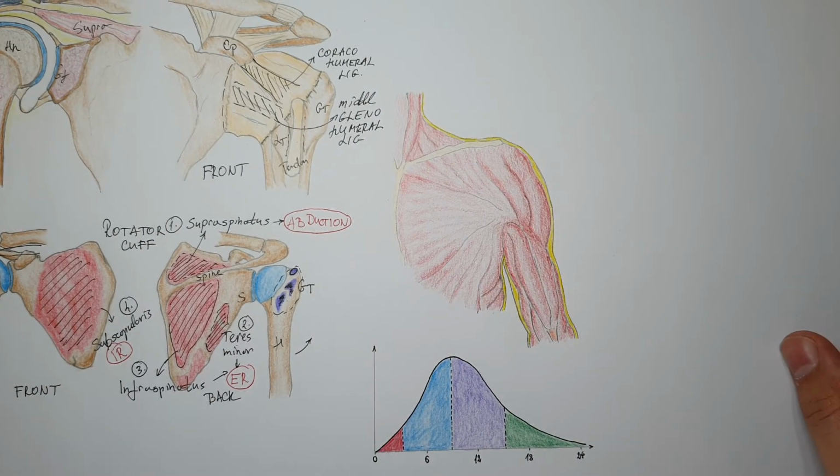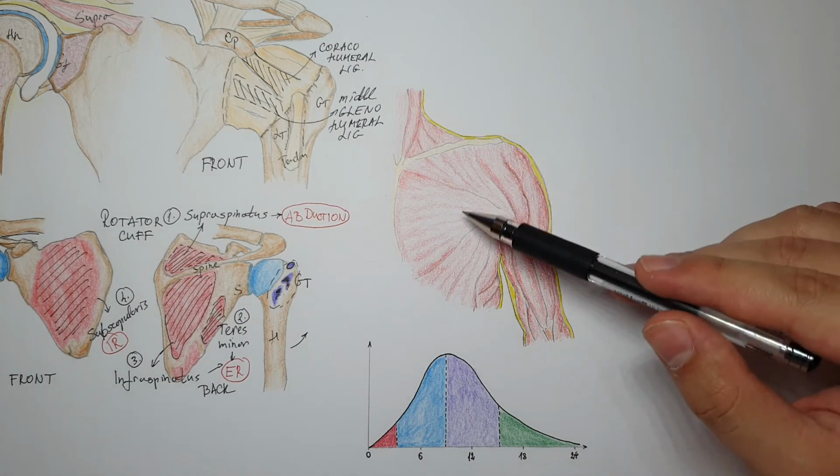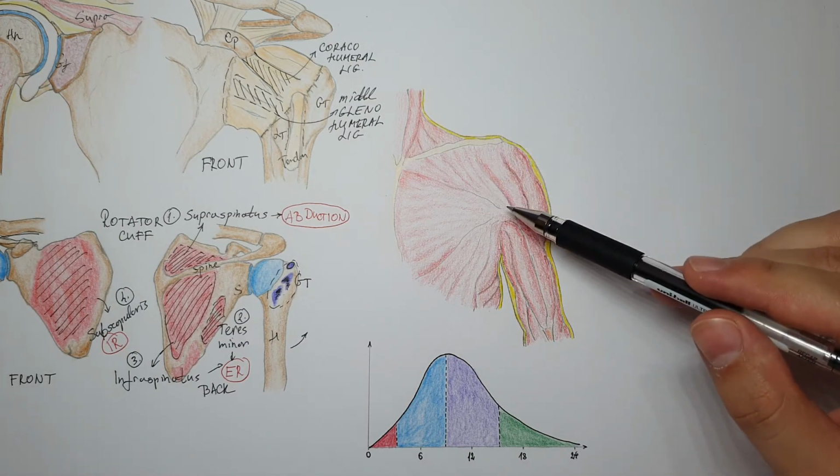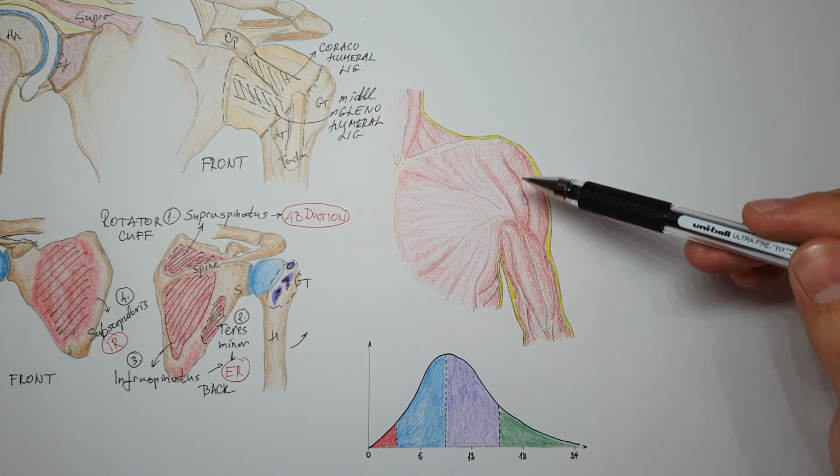So the disease actually has 4 stages. This is the shoulder area. The shoulder is obviously covered up by bigger muscles like the deltoid.